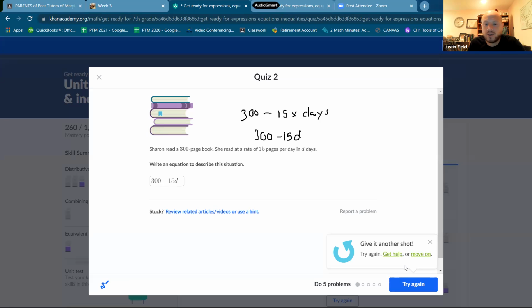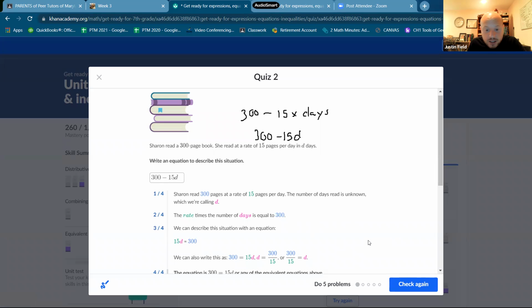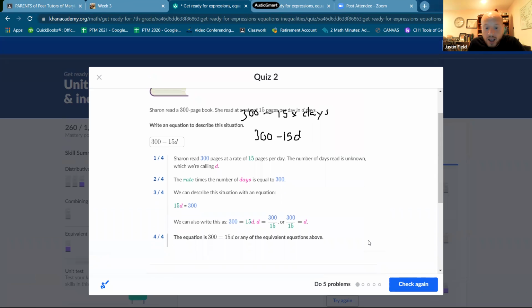But there's a different way that they wanted us to write it. So instead of being discouraged, we're just going to look at what they said. They didn't want me to write an expression. They wanted me to write an equation.